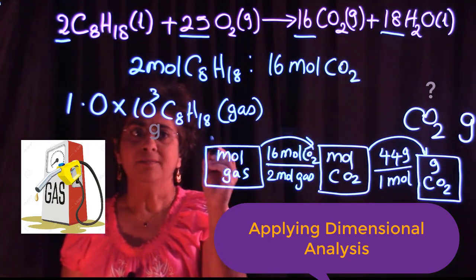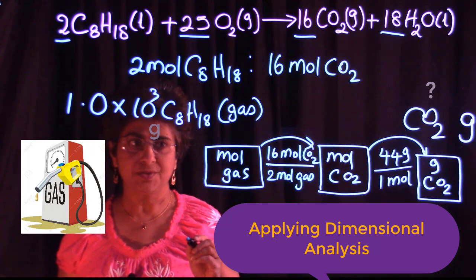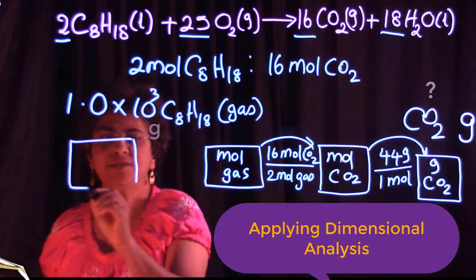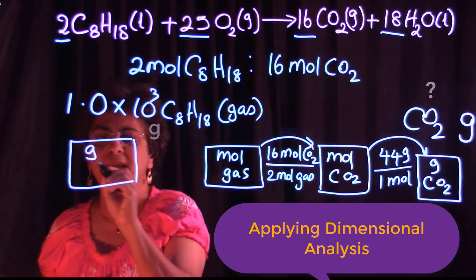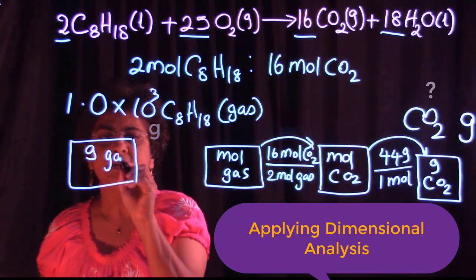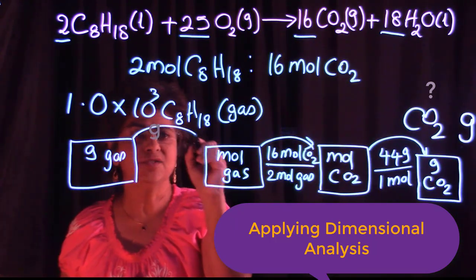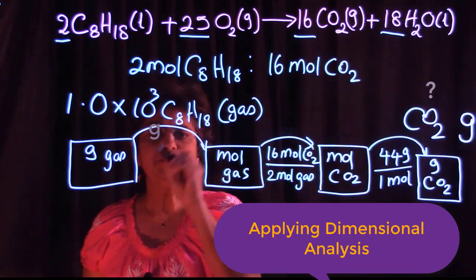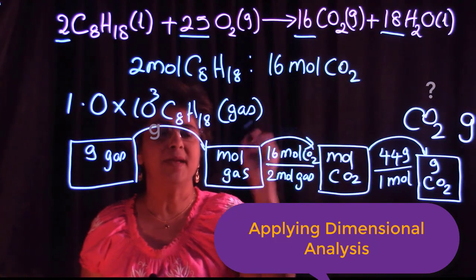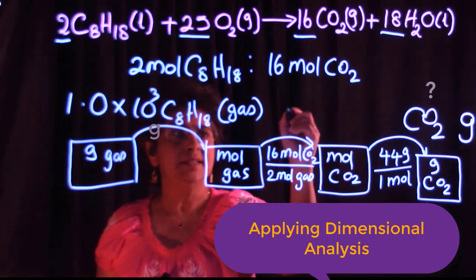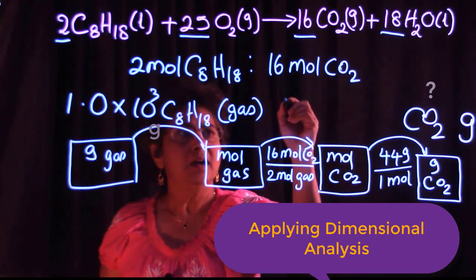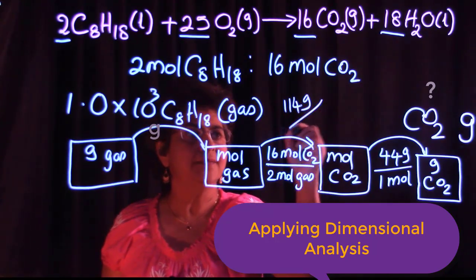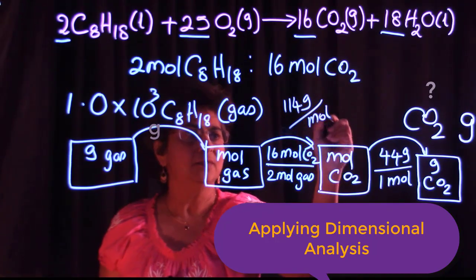Now, the problem is we don't know the number of moles of gas used, but we know the mass of gas that's been used. We can simply use the mass of gas, that is grams of gas, and convert grams of gas to moles of gas. In order to do this conversion, we need the molar mass of gas, that is, say, 114 grams per mole.